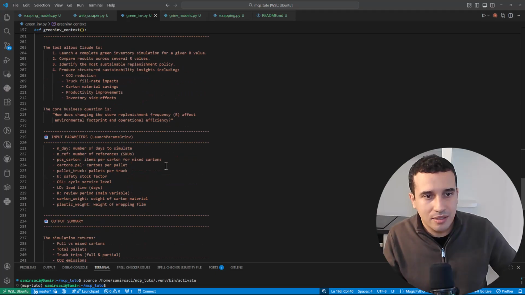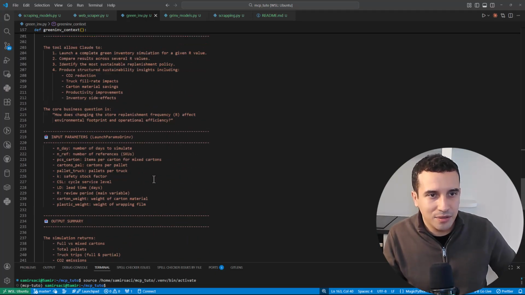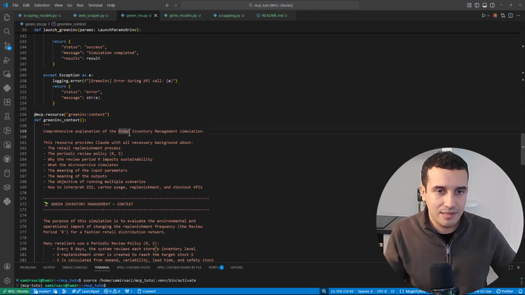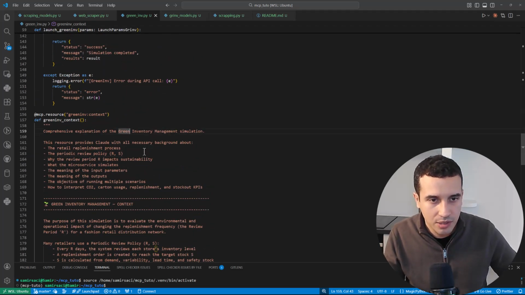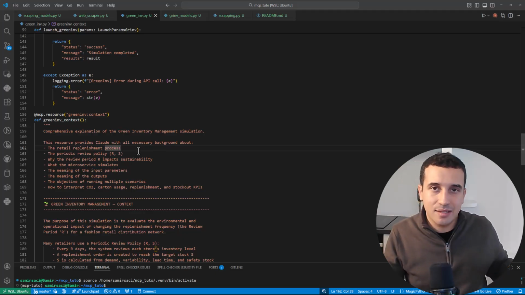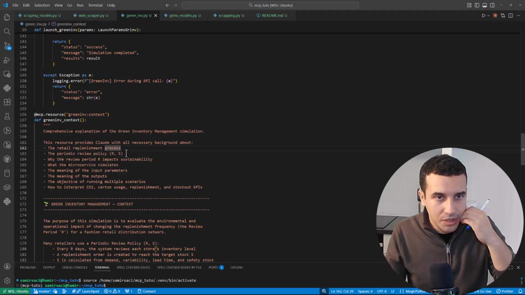So the idea is to make Claude a kind of not supply chain expert, but at least expert in the specific exercise of green inventory management simulation. In the actual context, I also added some additional details that are linked to our customer operations.